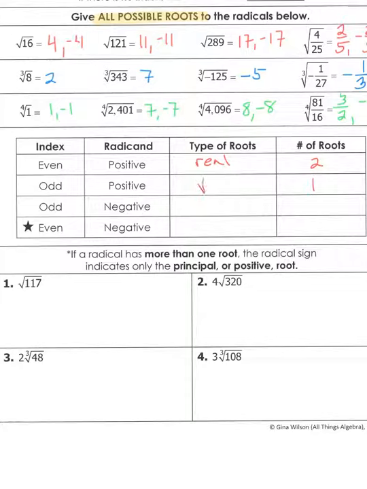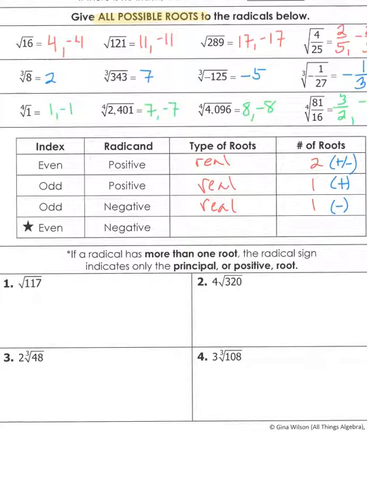If you have an odd index and the number underneath that radical is negative, you will have 1 real root, and that's going to be negative. So let's put on here what the sign of the answer would be. Over here, you would have a positive or a negative sign because you have 2. Over here, you would just have a positive, and here you would have a negative answer.